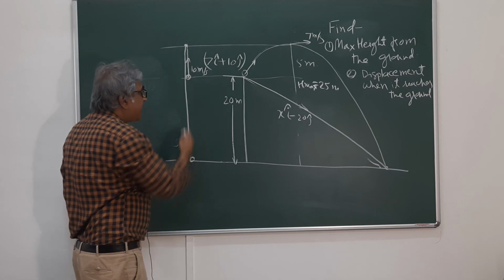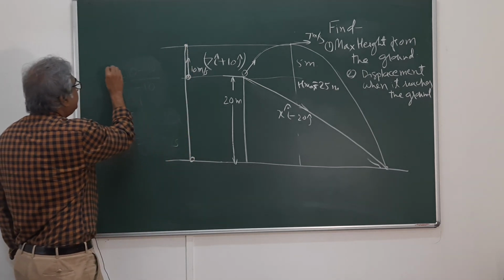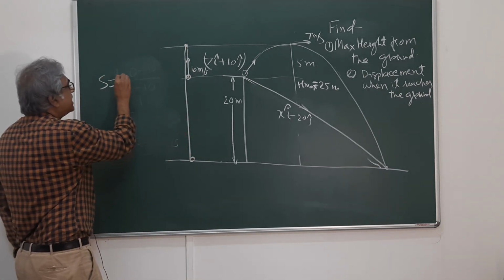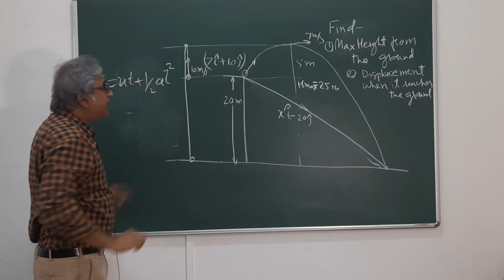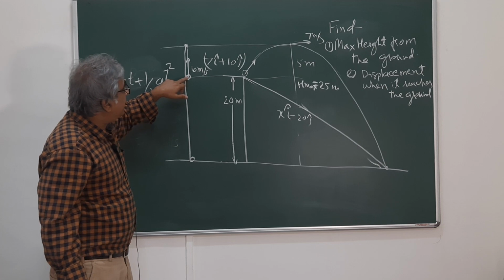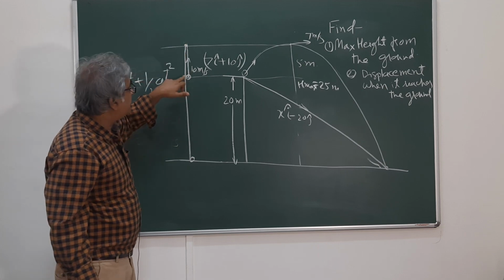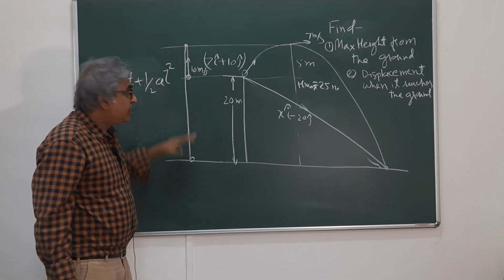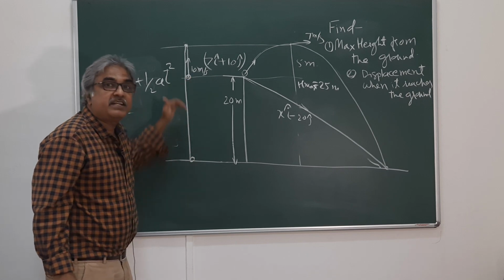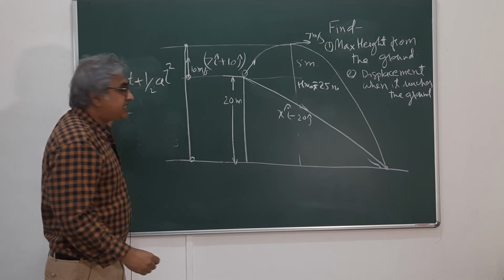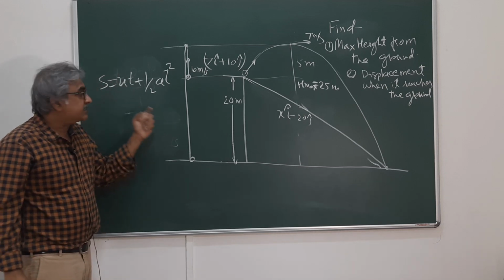So what are the ways of finding it out? If you want to find out time, we would say that, let's say, S is equal to ut plus half at square. We can use this because this projectile moves up, comes down here and then comes down. So the net displacement of this projectile is 20 downwards, right? S is displacement. Remember, S is not the distance, it's displacement.